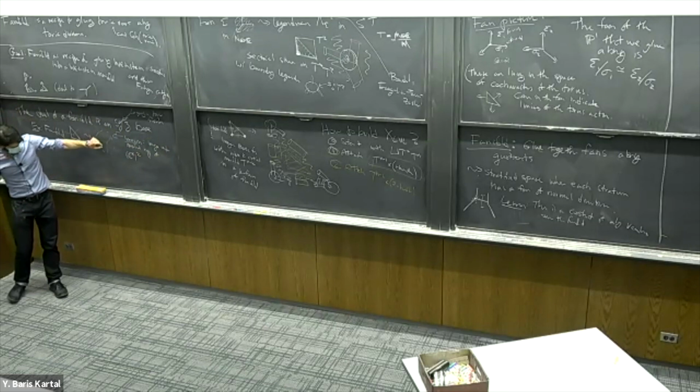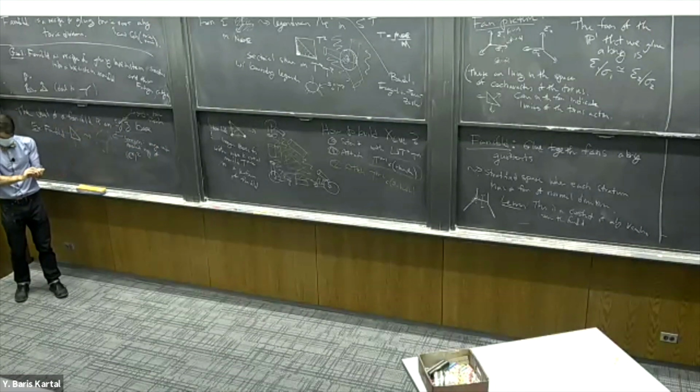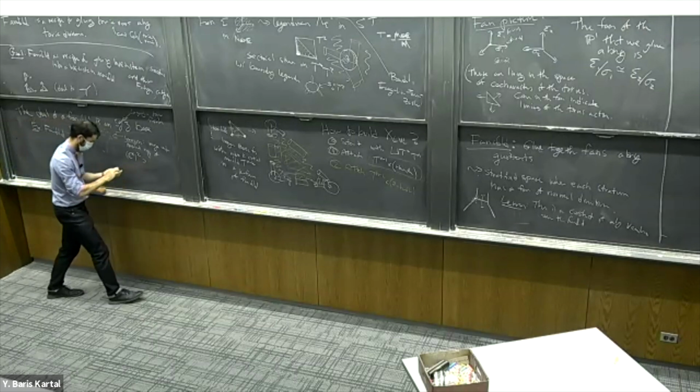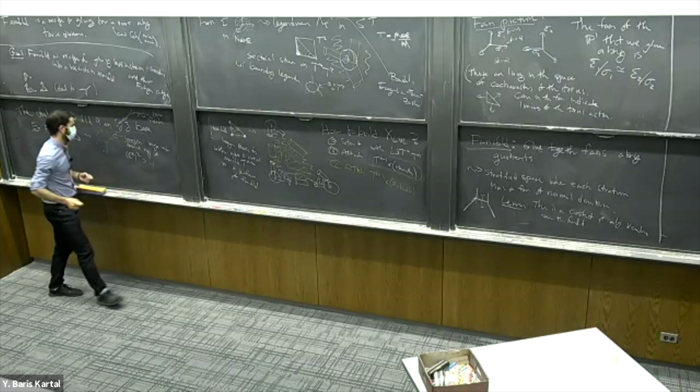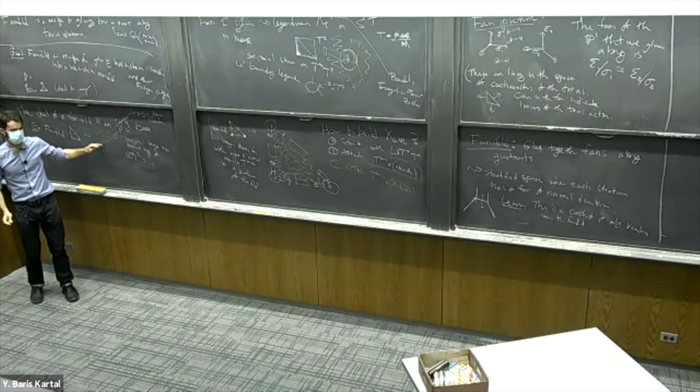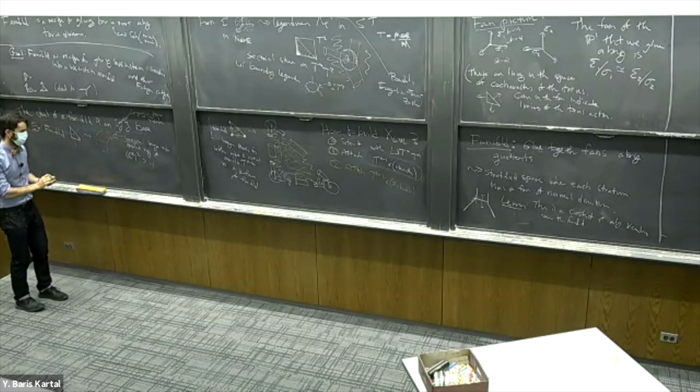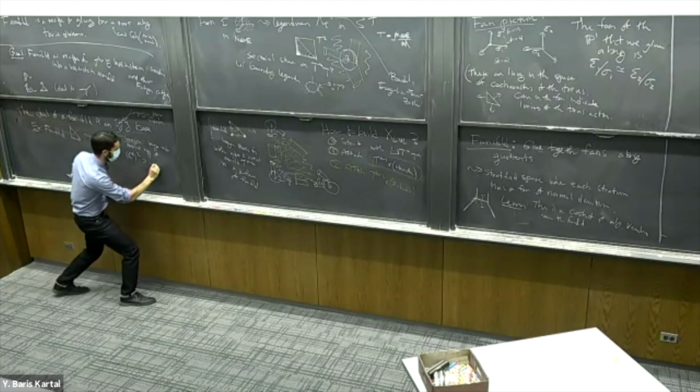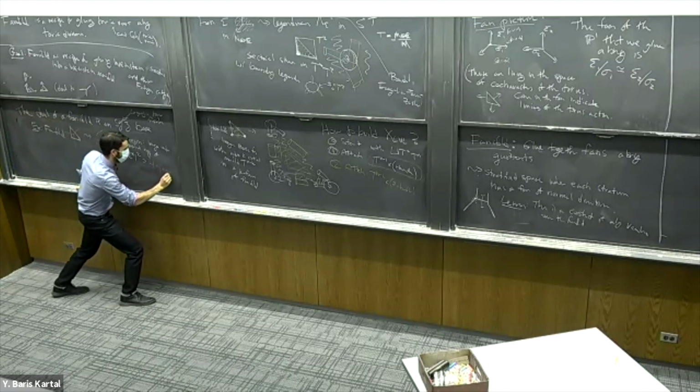And inside C star squared, I have a hypersurface which really has an amoeba, but it has a tropicalization. This red thing is supposed to indicate the tropicalization of some hypersurface H, which in this case is a pair of pants: x plus y plus 1 equals 0.